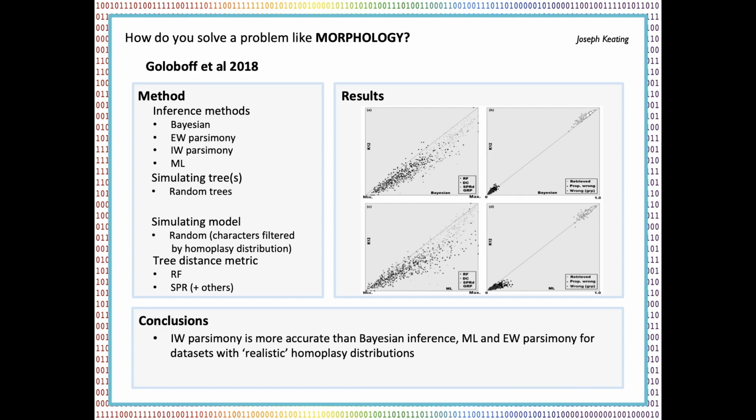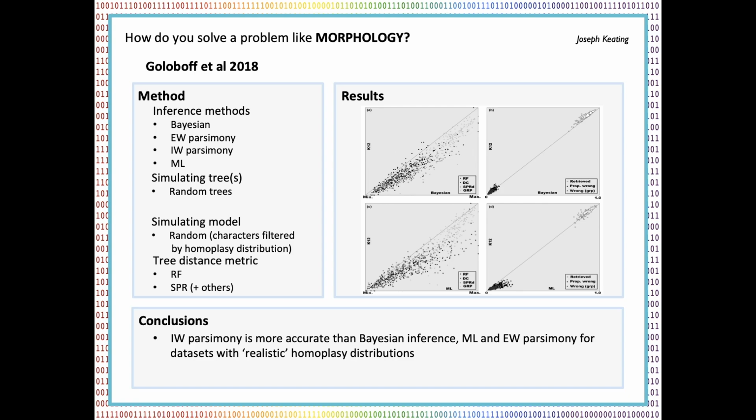He criticised the simulation procedure of O'Reilly and Puttock. In particular, he suggested that probabilistic models, which simulate data under a constant rate of evolution, may be biased in favour of probabilistic inference methods that assume the same. He also suggested that the distribution of homoplastic characters in O'Reilly and Puttock's simulations was unrealistic.